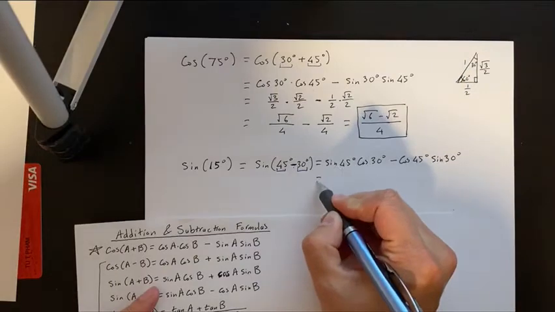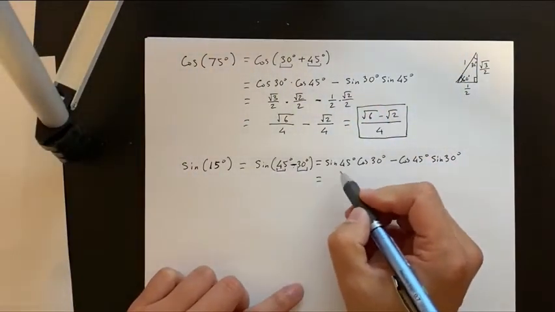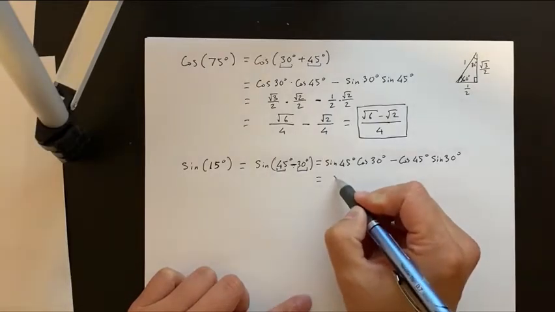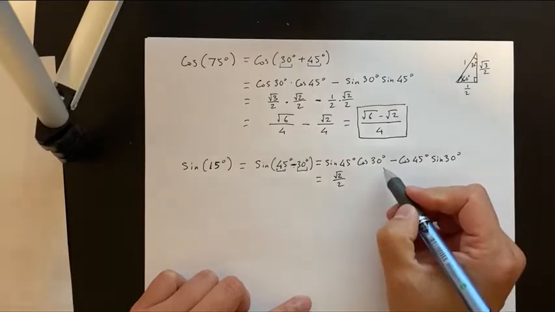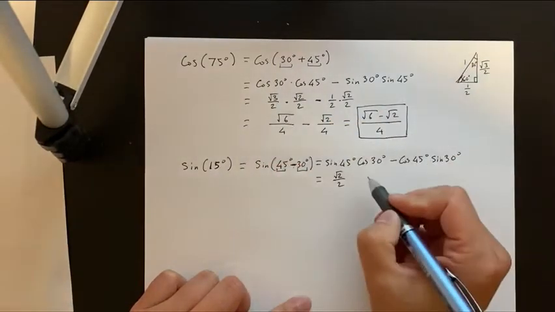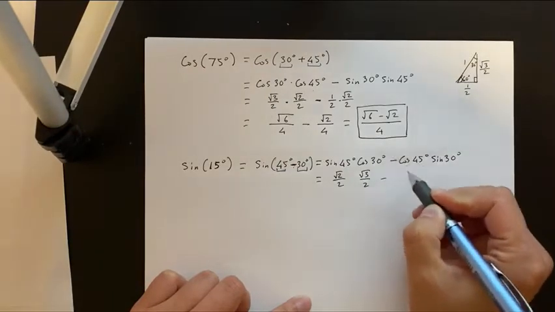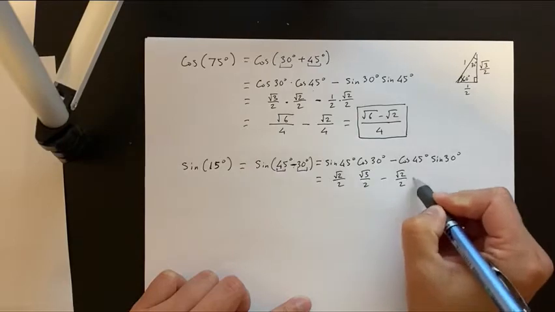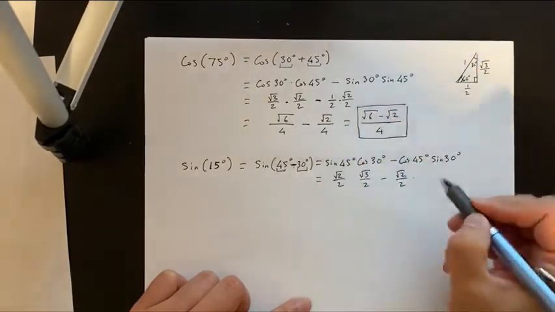Now I get to evaluate. Sine of 45, that's easy. That's root 2 over 2. Okay, cosine of 30, well, we just did it up here, so we're going to cheat. That's a root 3 over 2 minus cosine of 45. That is a root 2 over 2. And sine of 30, that's up here as well. And that is 1/2.